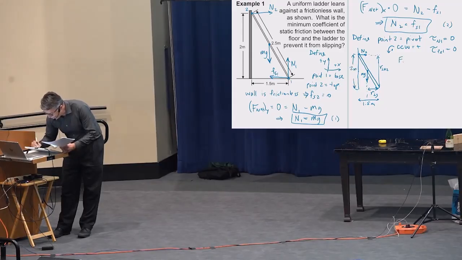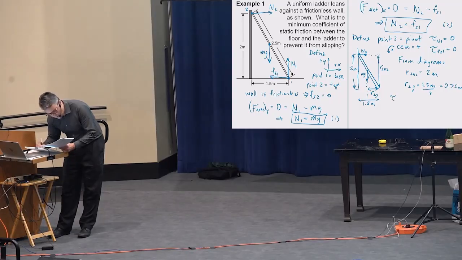So I would just say that from this diagram, r perpendicular of N2 is equal to 2 meters, and r perpendicular for the gravity is equal to 1.5 meters, but divided by 2, because it's halfway, so 0.75 meters.